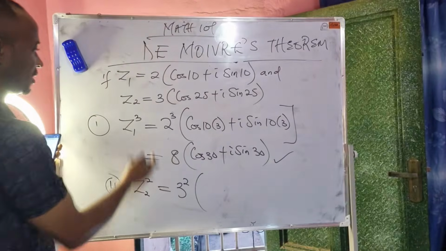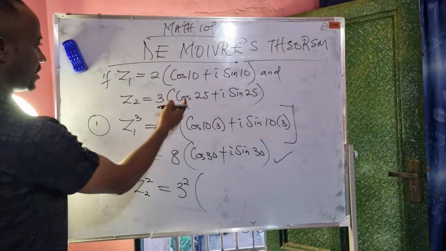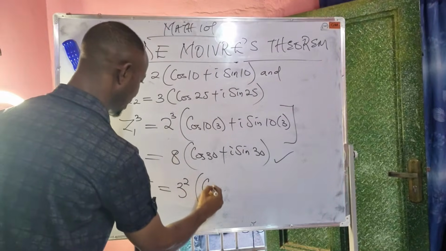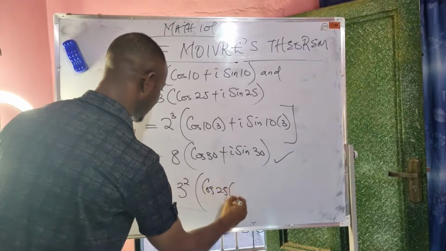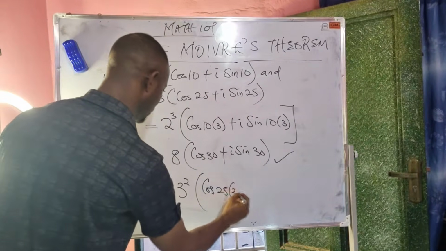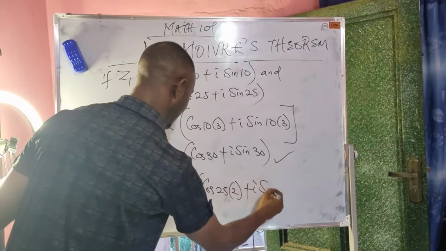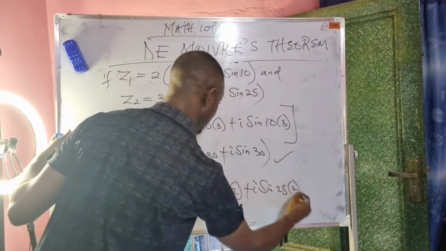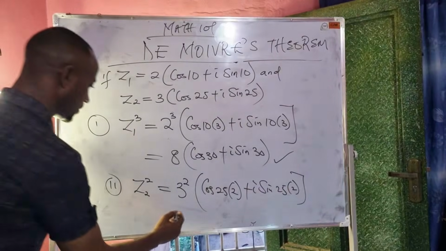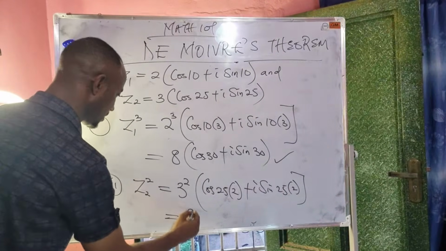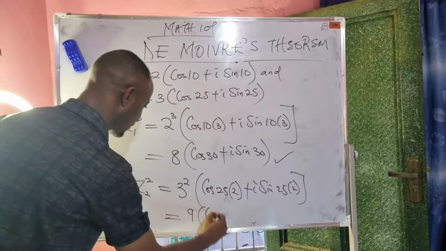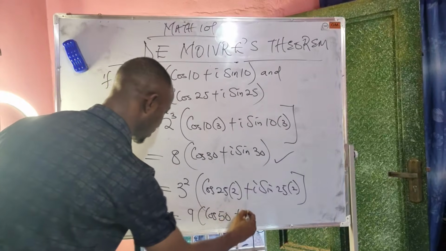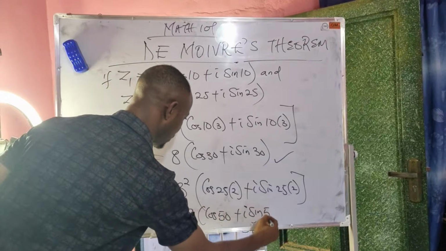Then the rule says when you raise the value of r to the power of n, multiply the argument. We have cos (25 times 2) plus i sin (25 times 2). So 3 raised to power 2 is 9, and in brackets we have cos 50 plus i sin 50.